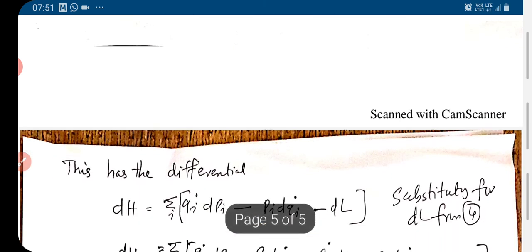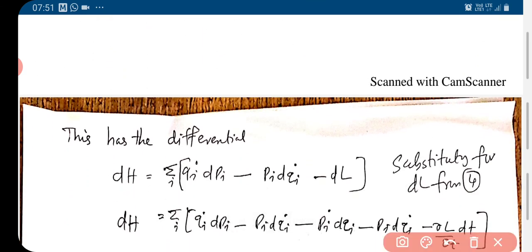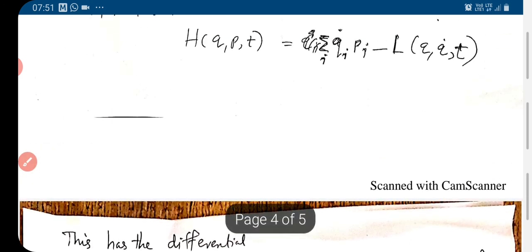If I take dH, that will be equal to qi dot dpi plus pi dqi dot minus dL.